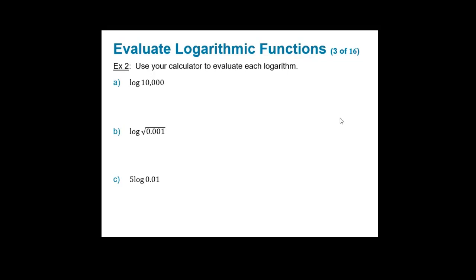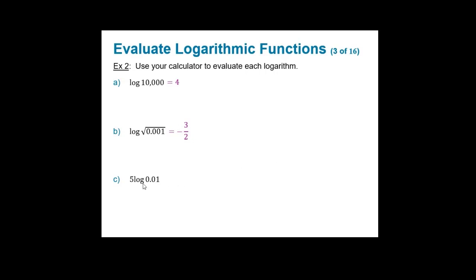So go ahead and find the log key on your calculator and just type in log of 10,000. What do you get for log of 10,000? 4. What about the log of the square root of 0.001? Is everybody practicing this with your calculator? So that would be negative 3/2 or negative 1.5.